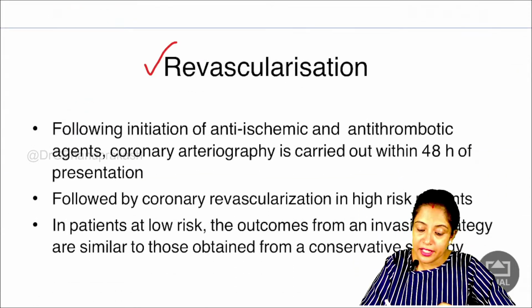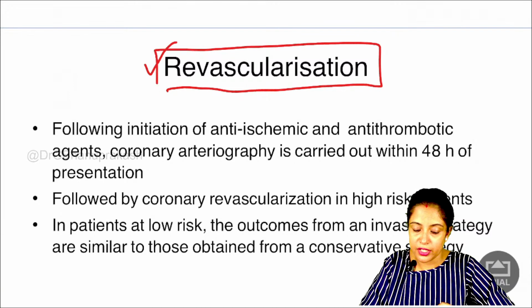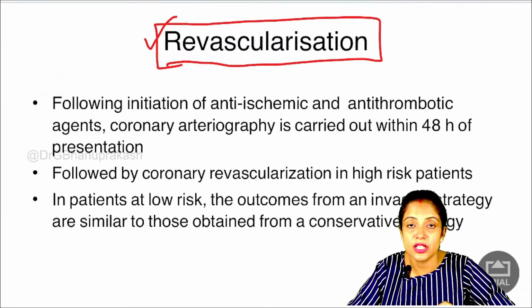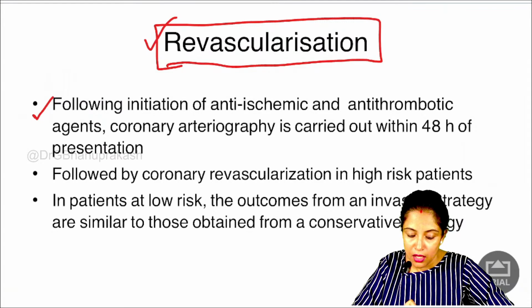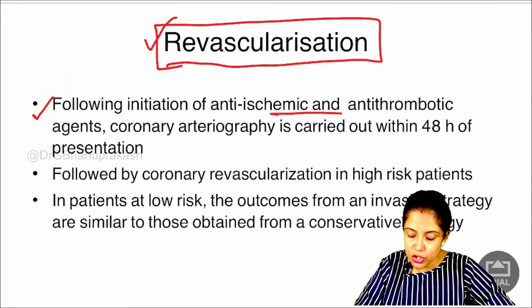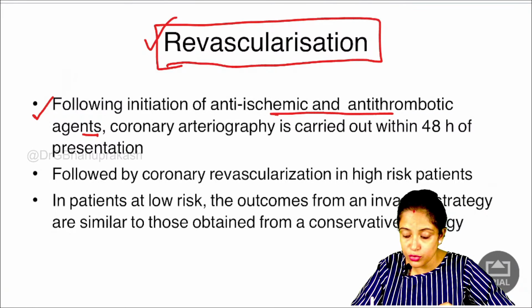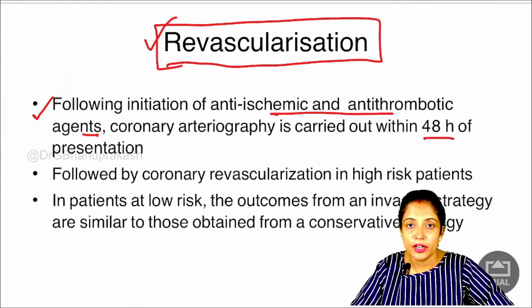Now, when we advise invasive strategy, following initiation of anti-ischemic and antithrombotic agents, coronary arteriography is carried out within 48 hours of presentation. So, within 48 hours of presentation, we need to do a PCI for NSTEMI.